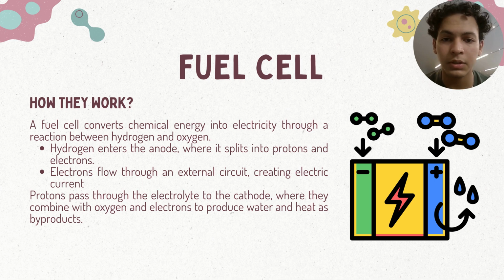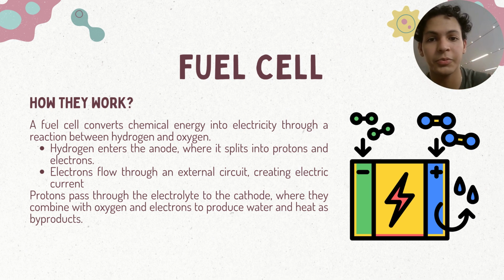Okay, so now I'm going to talk about the fuel cell. You may be wondering how they work. The fuel cell converts chemical energy into electricity through a reaction between hydrogen and oxygen. Hydrogen enters the anode, where it splits into protons and electrons.